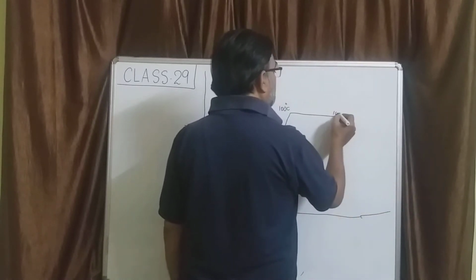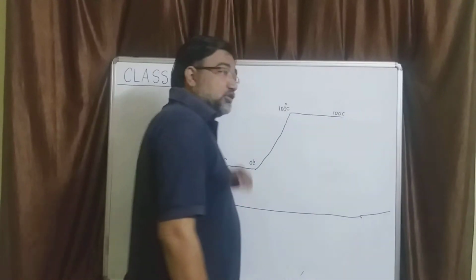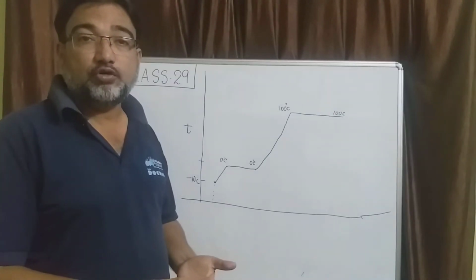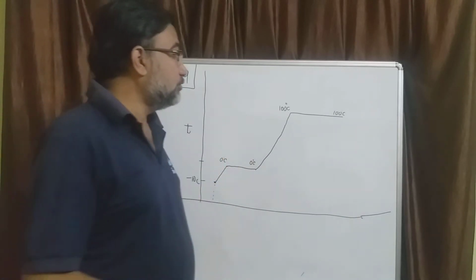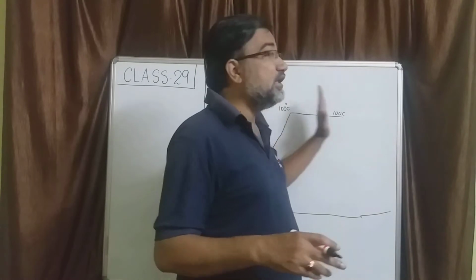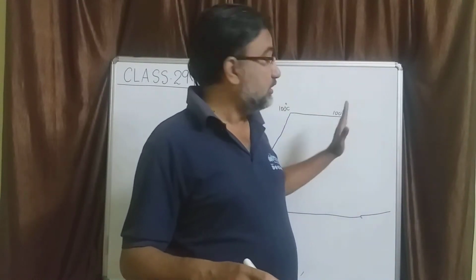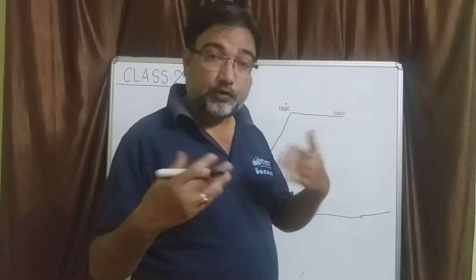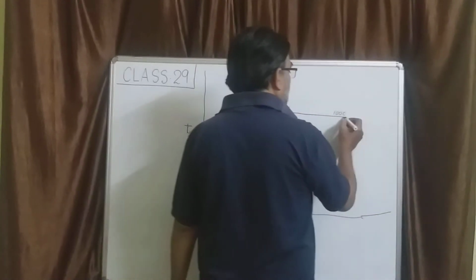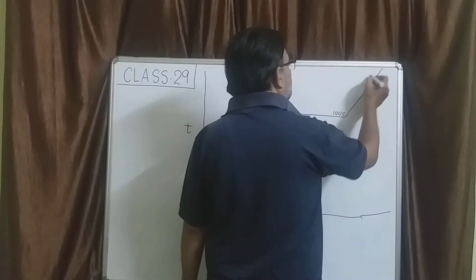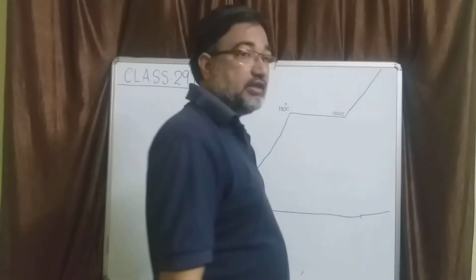During that change of phase, the temperature will again remain constant and the water will get transformed to vapor phase or become steam. Till the whole of the 1 kg of water has become steam, there will be no temperature change, but after that there will again be a temperature rise: 100, 200, 300, like that.